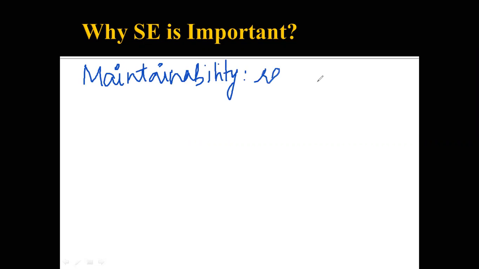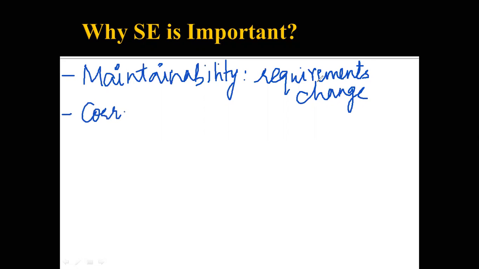When you have a set of requirements that are going to change, that is, whenever you decide to make a particular software you have a set of requirements, and the next day another idea pops into your mind and you want to change the requirement. So the study of software engineering provides you with maintainability. You can embed changes within the software. Then you can ensure correctness of the software, that is, it is going to give you the correct output.